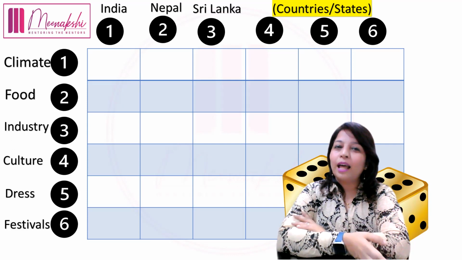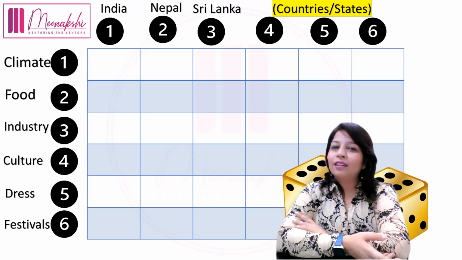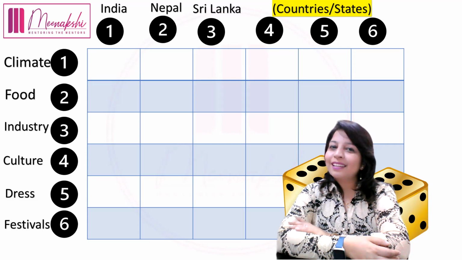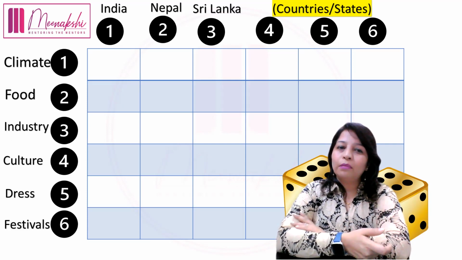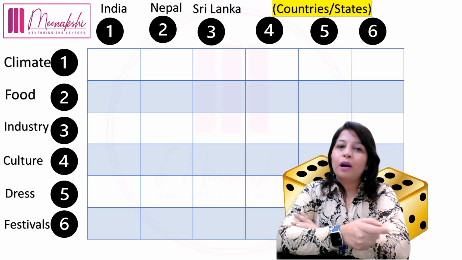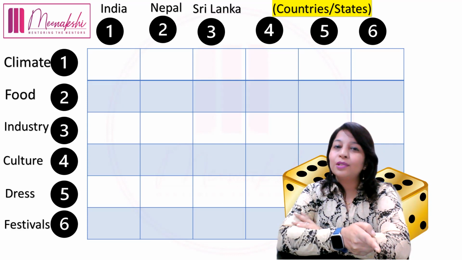Like I have written in black numbers, suppose you have a red dice, you can write numbers in red on one axis and in green on another axis, depending upon the color of the dice that you have. So accordingly, if they have number 2 and number 3, it means they have to talk about food on one axis, and on the other is written Sri Lanka.